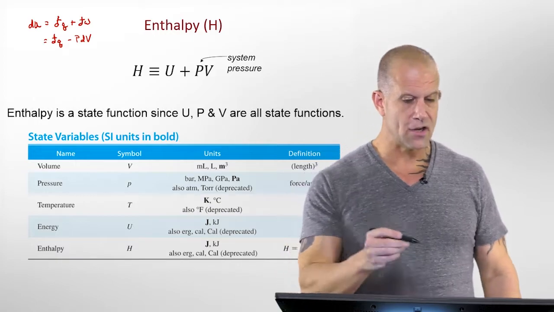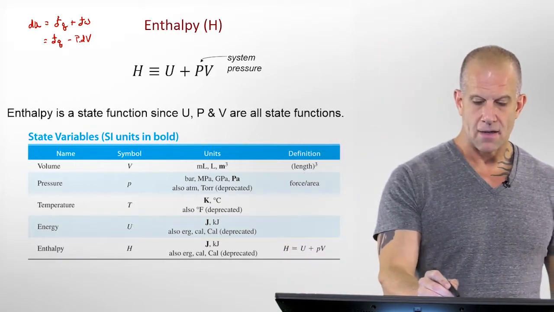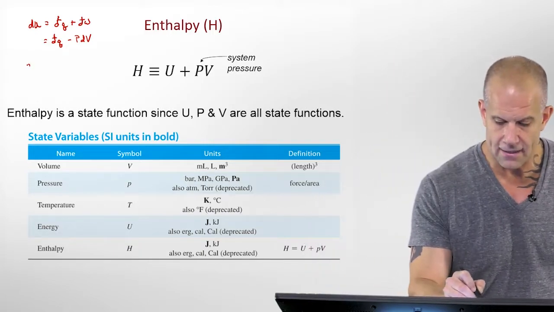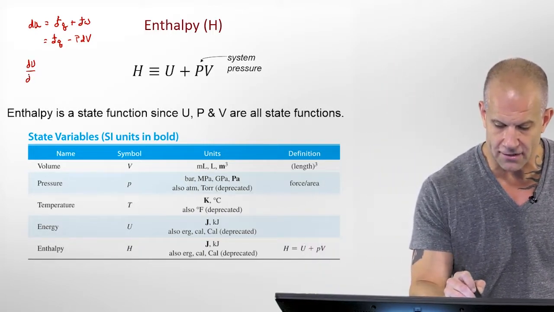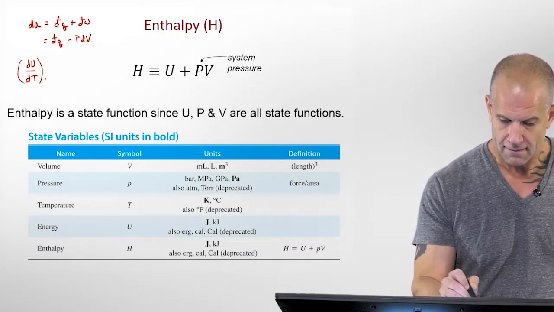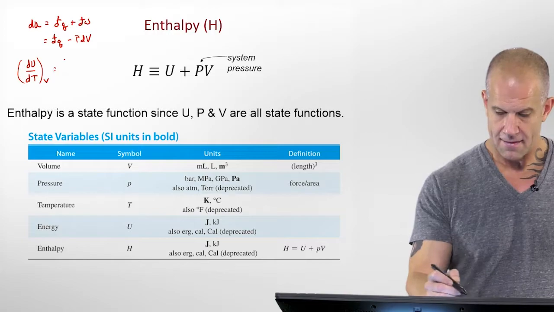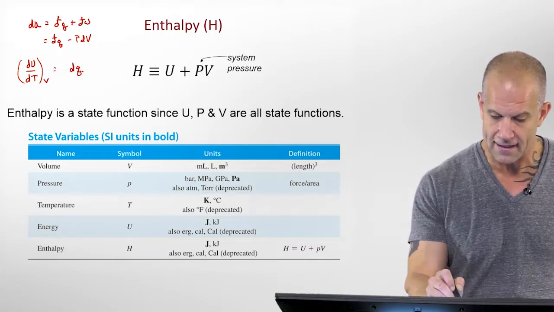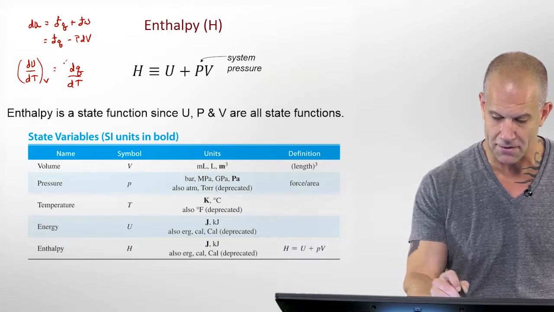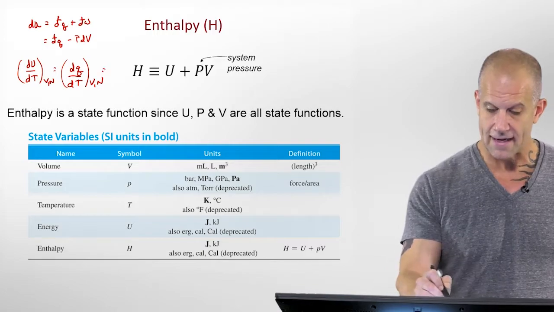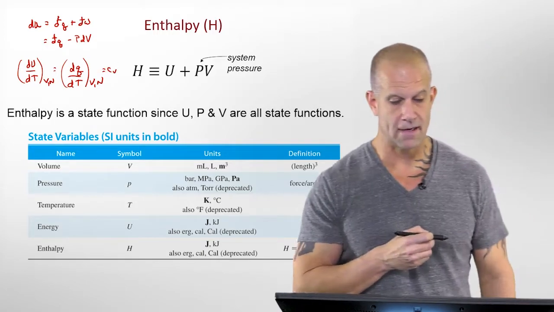Well, then, if there's no change in volume, how the internal energy changes with temperature at constant volume is how the heat changes with temperature at constant volume. And like I said, constant number of moles. And that is CV, right?